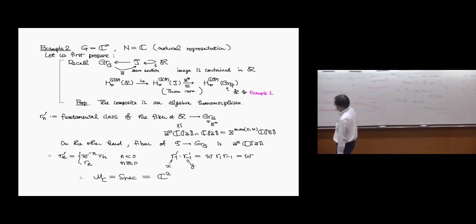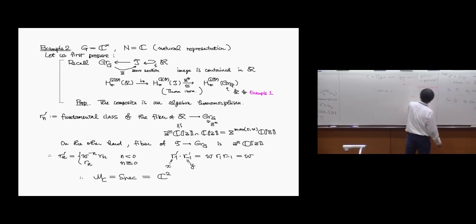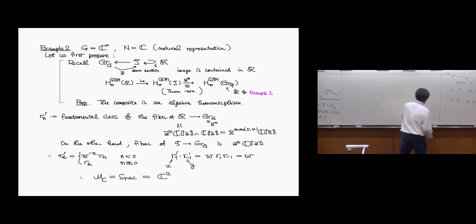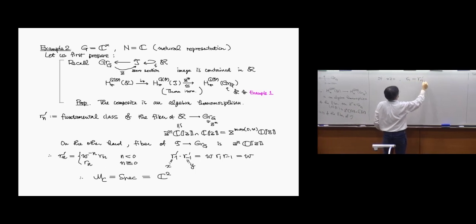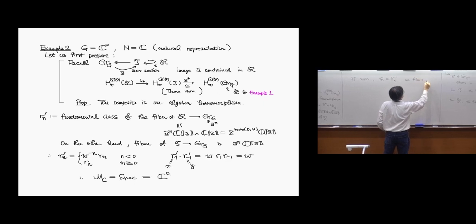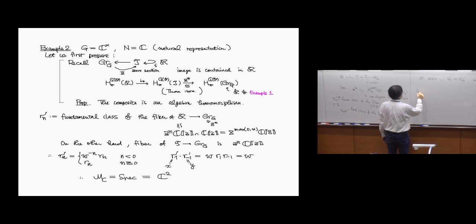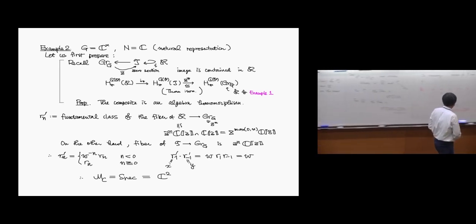So if n is positive, there's no difference. But if n is negative, then these two vector spaces are different, right?